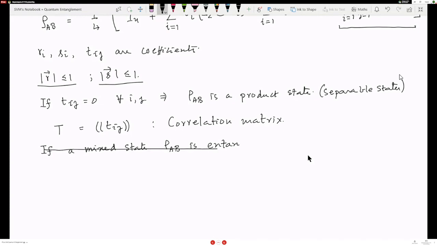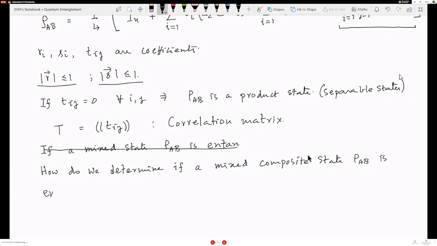So our question is something like this. How do we determine if a mixed composite state rho AB is entangled or separable?